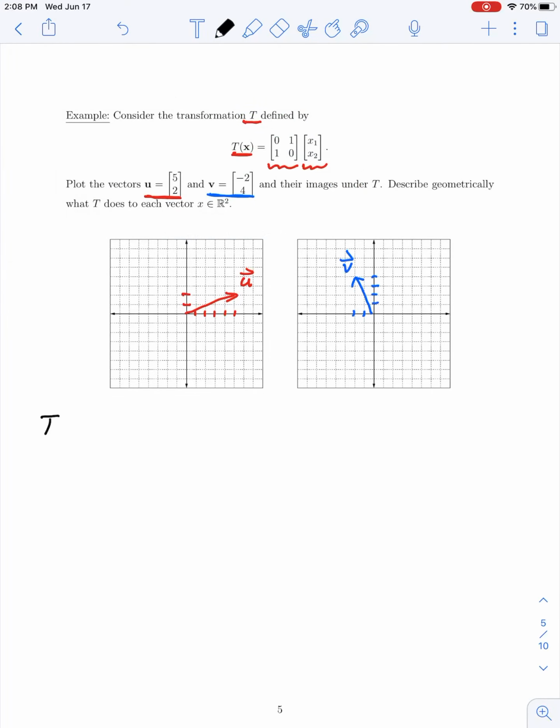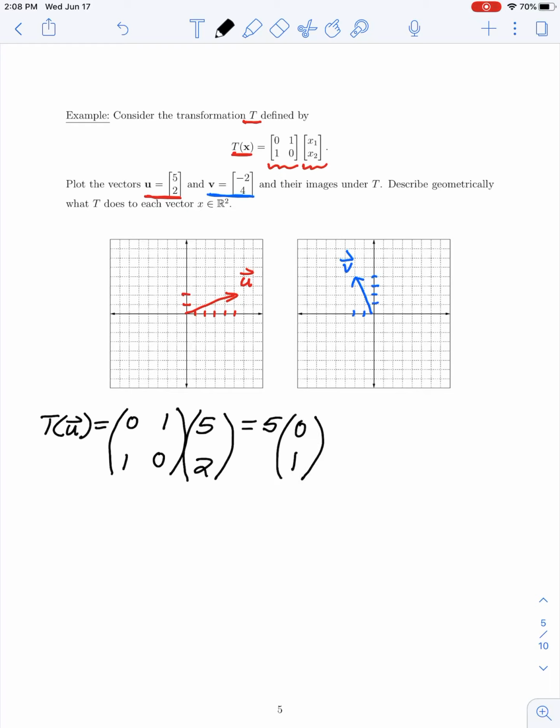So for the image of u, we're looking for T of u, which is found by taking the matrix 0, 1, 1, 0, and multiplying by u, which was the vector 5, 2. So this gives us 5 times the vector 0, 1, plus 2 times the vector 1, 0.